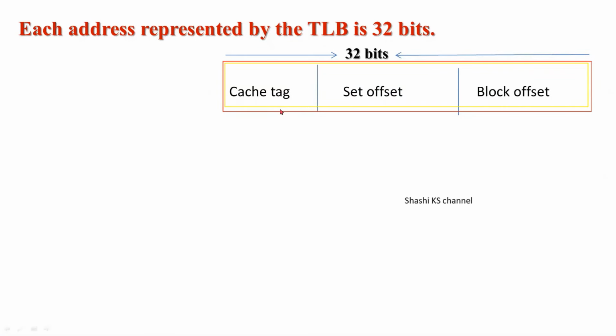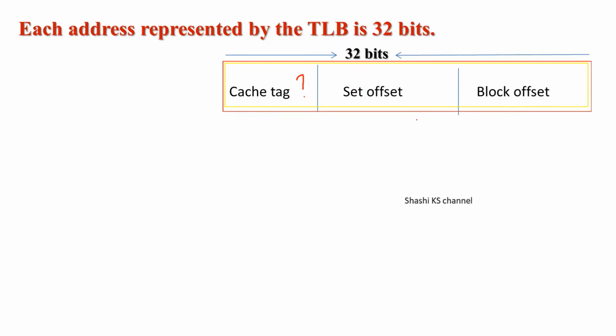The TLB address can also be represented as 32 bits because the CPU generates 32-bit addresses, and this address can consist of three parts: cache tag, set offset, and block offset. The number of bits in the tag is what we need to find, as asked in the question. We don't know the value of the cache tag. We have to find the set offset and the block offset from the given data.